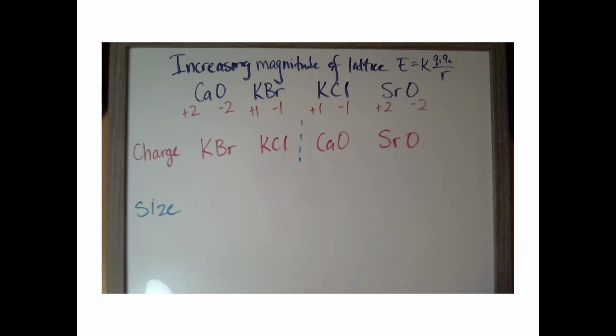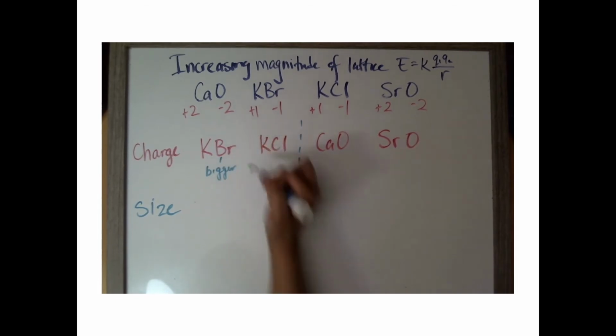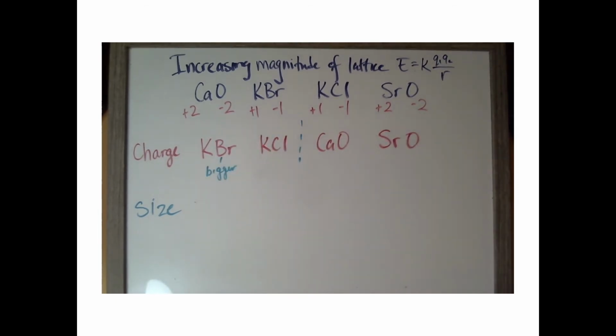Br is lower than Cl. So thinking back to your trends, Br is going to be the bigger ion. So that means Cl is smaller.